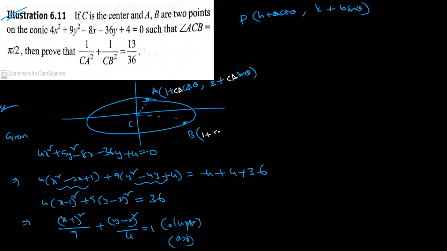So 1 plus CB into cos of 90 minus theta, 2 plus CB into sine of 90 minus theta. Why, anyone? Because this angle is 90 degrees. C means center. What is the center? 1 comma 2 is given. Now please find out what is CA square, what is CB square.